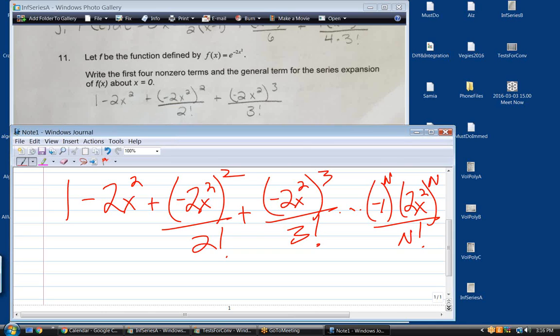That seems to fit everything. In other words, this takes care of the plus minus, and this takes care of these exponents. That is to the 1, that's squared, cubed, with n factorials underneath. So this one's pretty easy to come up with.